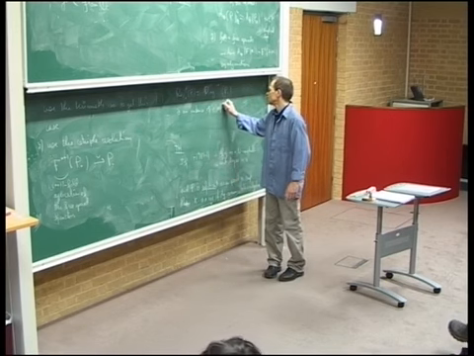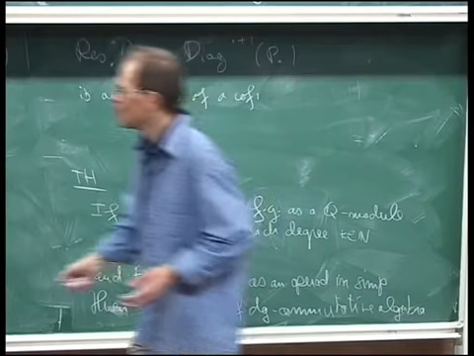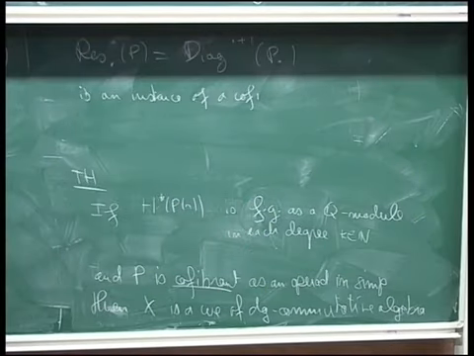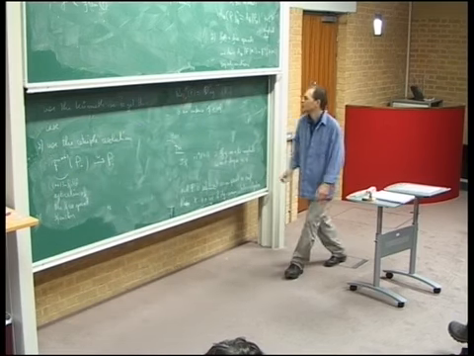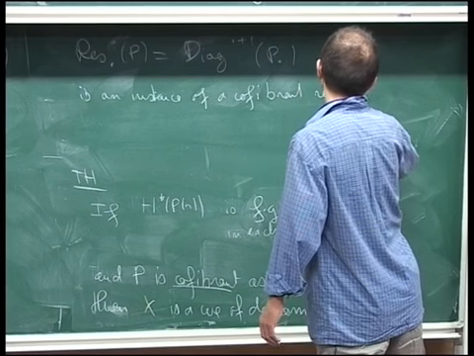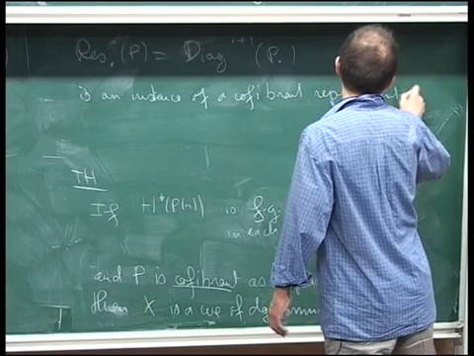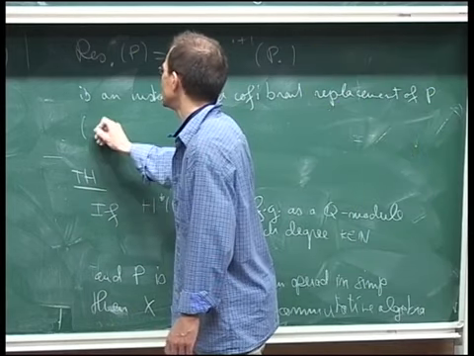Otherwise you can tensor with particles, taking an extended free object where you take this tensor product too. So it is a covariant replacement of P, at least if P is sigma covariant.